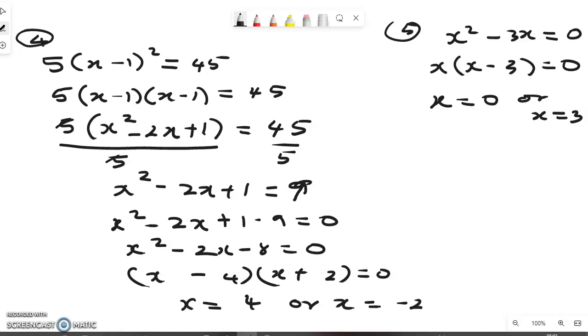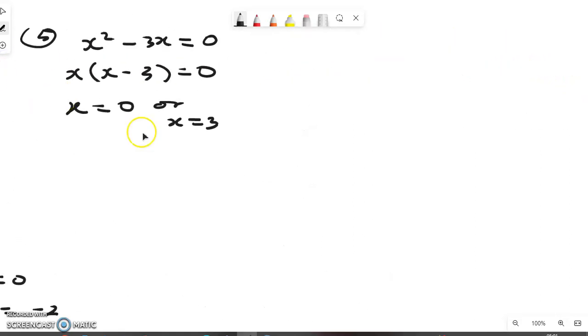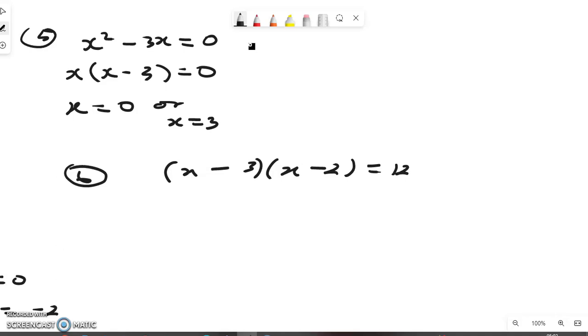Alright, let us look at another way they can ask this. Let us take example 6. Suppose they give us x minus 3 into x minus 2 is equals to 12. Here we must first write it in a standard form. You check the right side, there is no 0 there. That means this is not factorized.